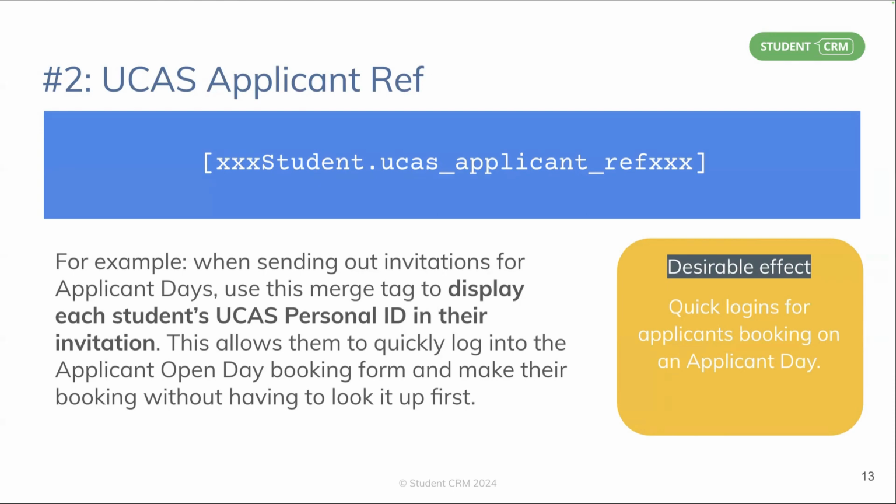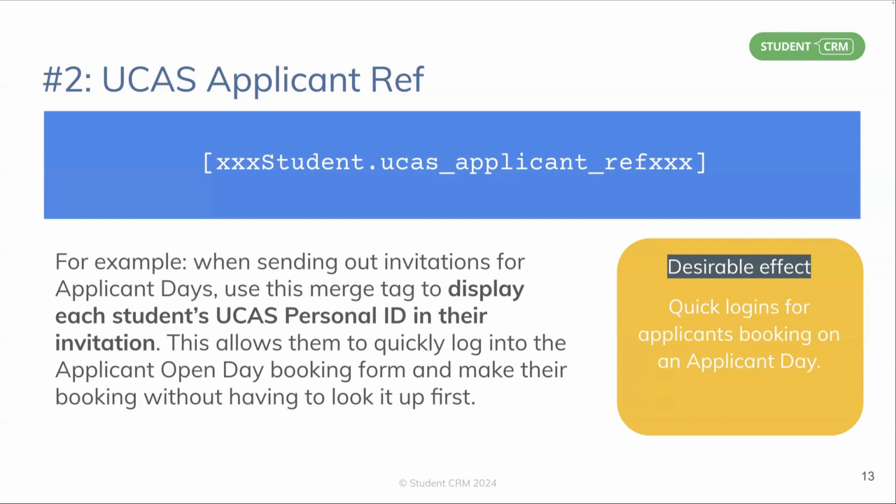For example, if you're sending out invitations for applicant days, then in order for somebody to book onto an applicant day, they've got to put in a couple of bits of data, one of which obviously they're going to remember, but the other one is their UCAS personal ID. Rather than them trying to root around and find that personal ID, by sending it out in the invite itself as a merge tag, we can say, here is your personal ID, please use this when logging in. They can simply click on the link below and log in straight away without having to look it up.